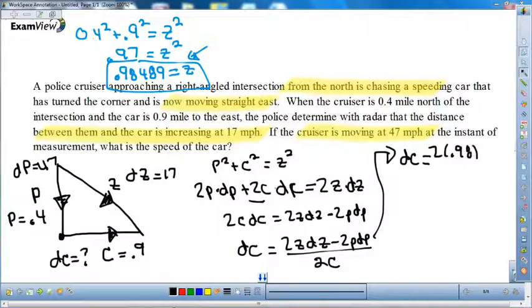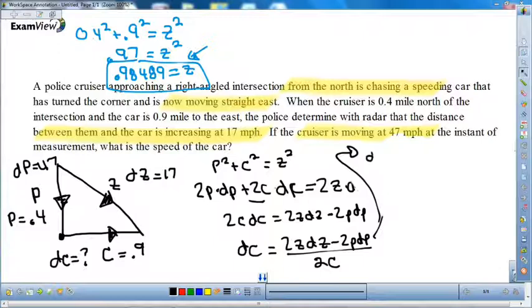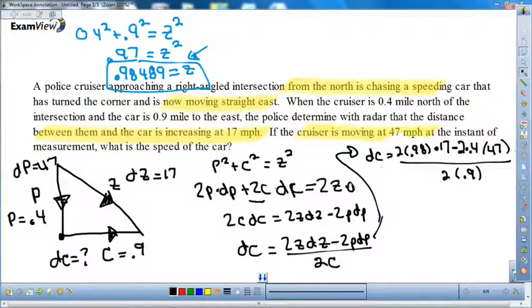Remember to use all your decimals on your calculator. Even though, like I said, I'm only writing 0.98, I'm going to use all the decimals on my calculator, times the rate of change of Z, minus 2 times where the police cruiser is times the rate of change of the police cruiser, divided by 2 times the distance that the car is at.